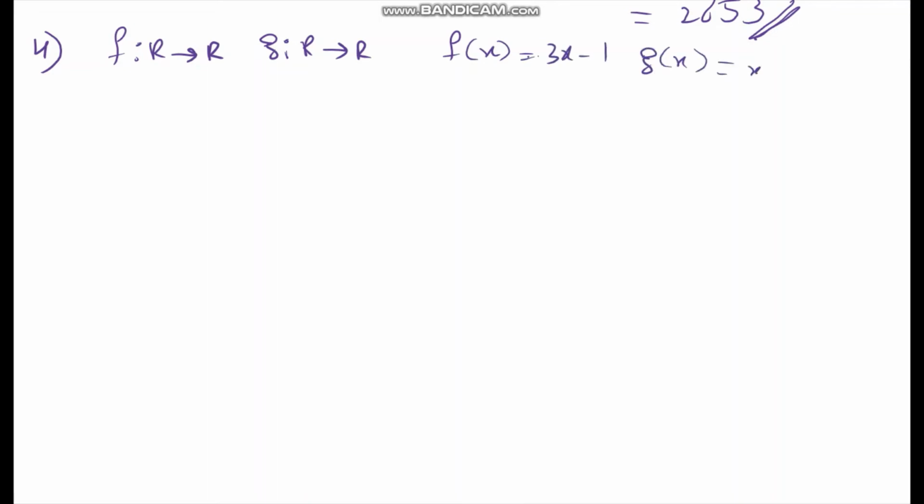Next is fourth bit. f is a mapping from R to R and also g is a mapping from R to R. f of x is defined as 3x minus 1 and g of x is defined as x square plus 1. We need to find f of x square plus 1, that equals f of x square plus 1.